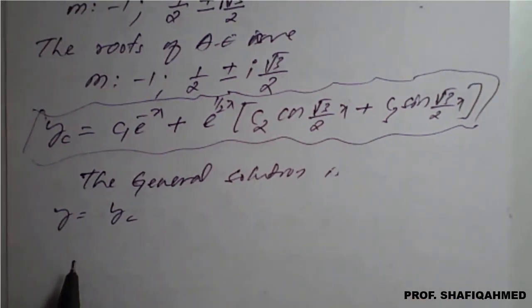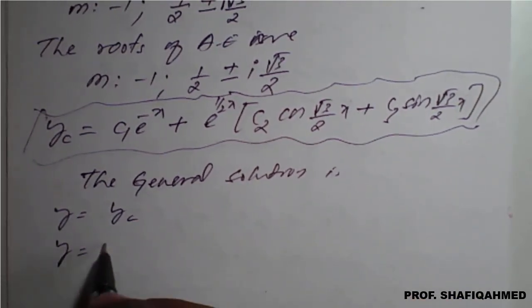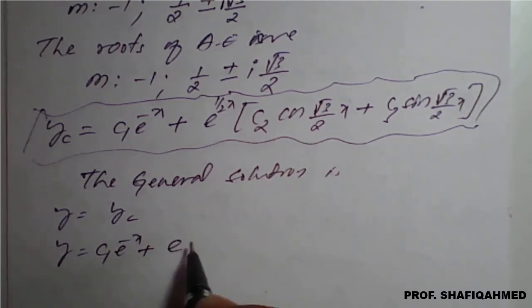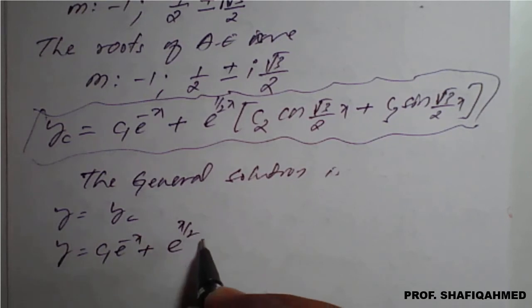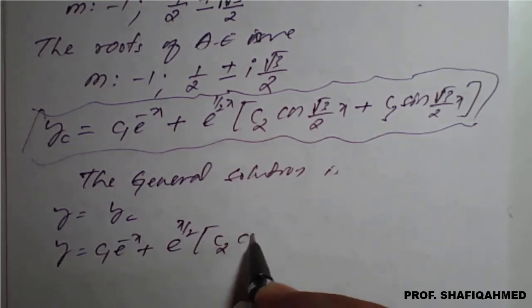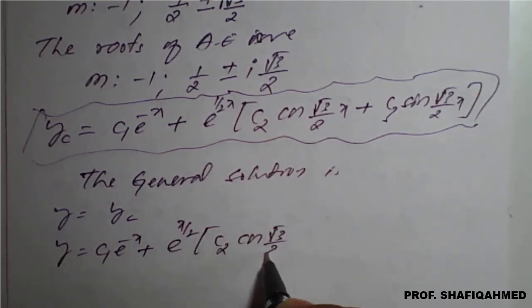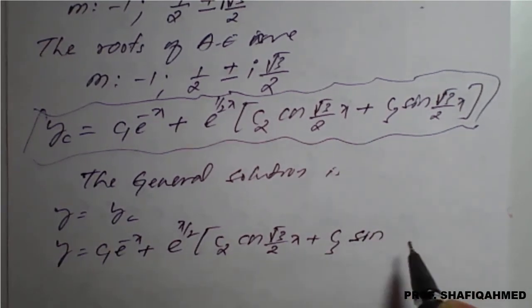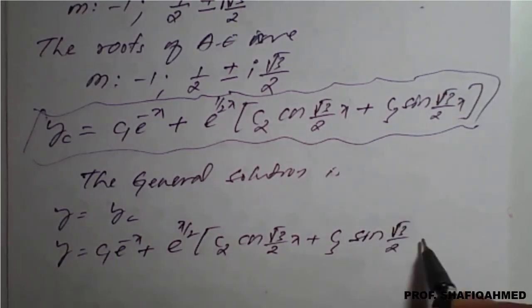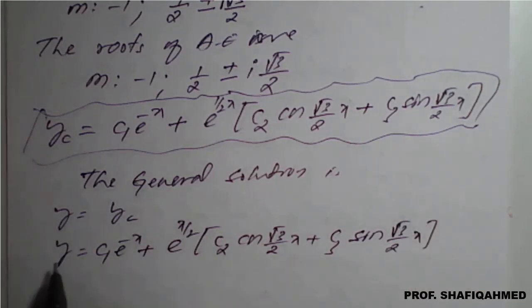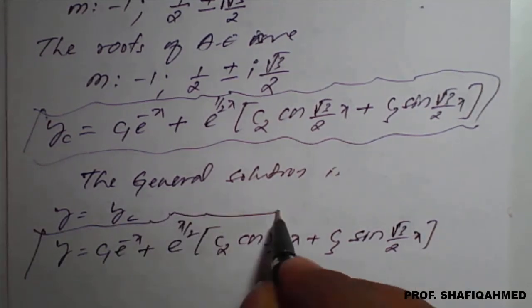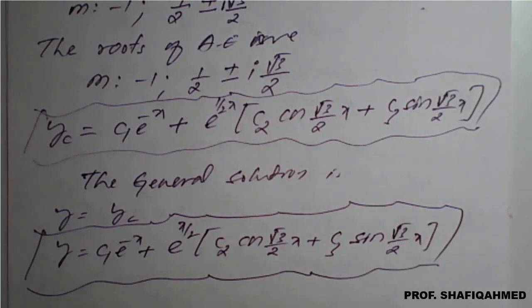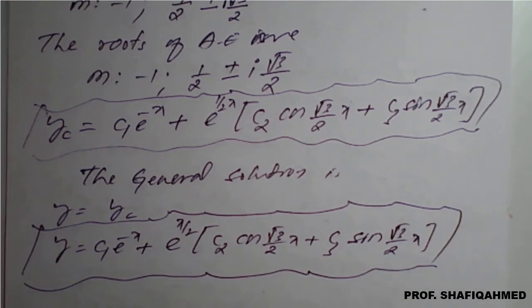So therefore y is equal to c1 e raised to minus x plus e raised to x by 2 of c2 cos root 3 by 2 x plus c3 sine of root 3 by 2 x. So this is the required general solution of the given homogeneous differential equation.